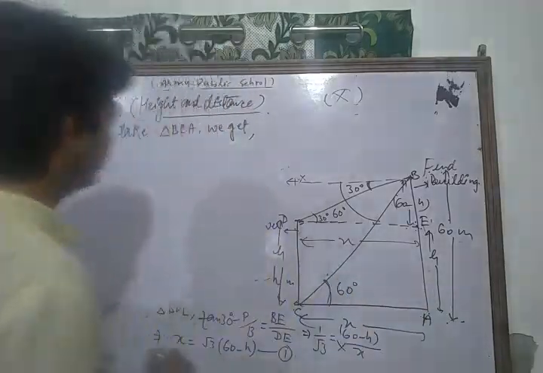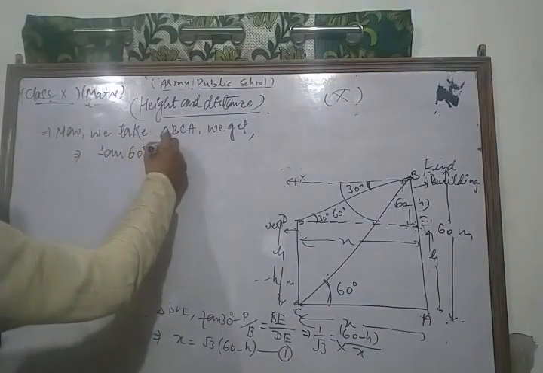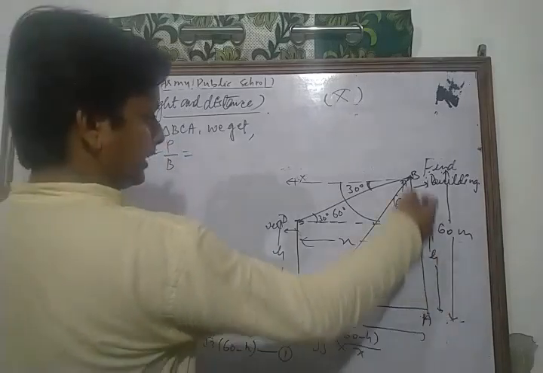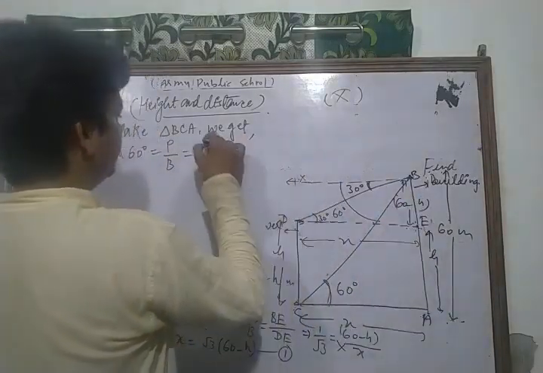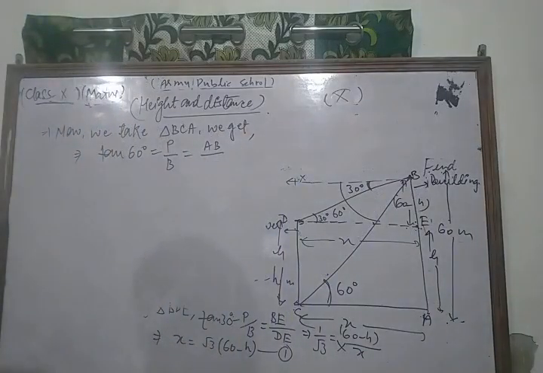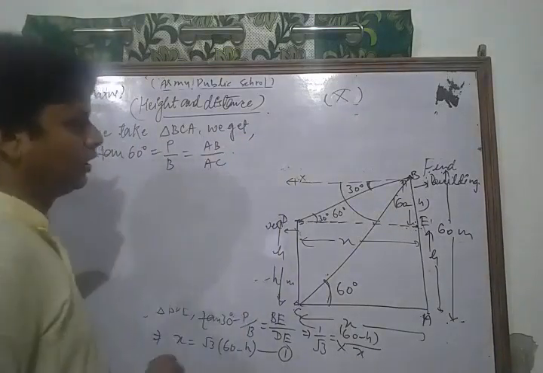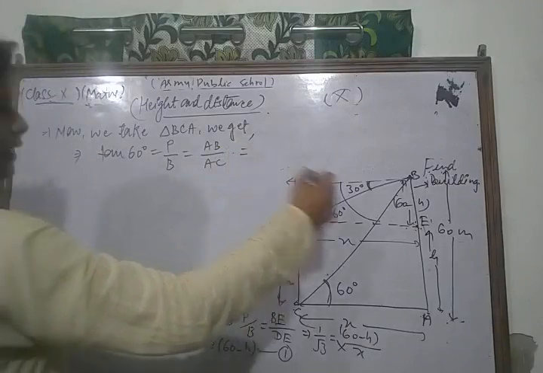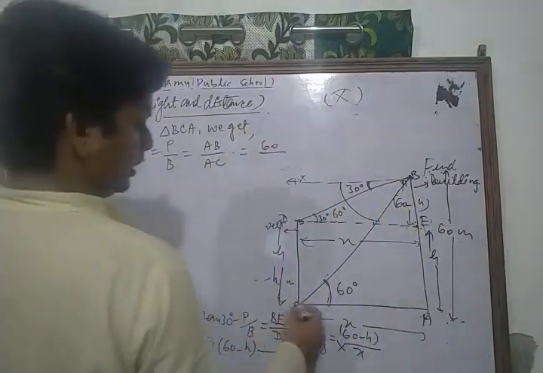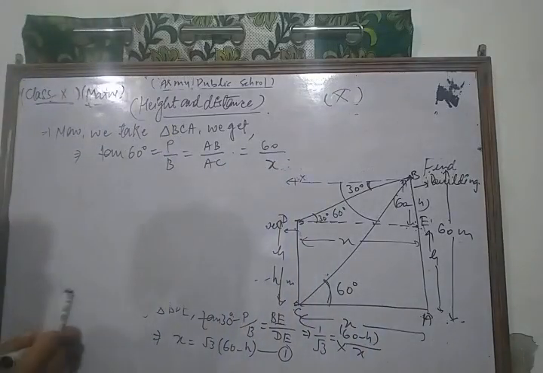So we apply tan 60 is equal to perpendicular upon base. For that triangle, perpendicular is AB and base is AC. So AB is 60 upon AC, which is x.